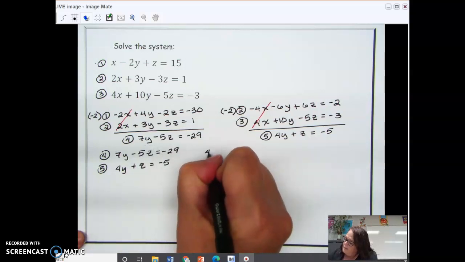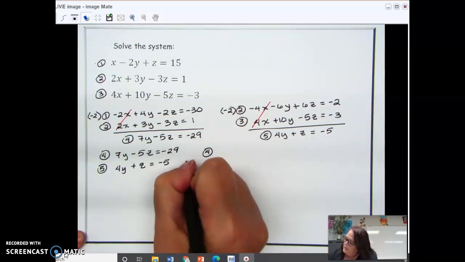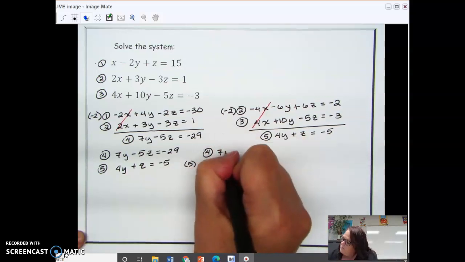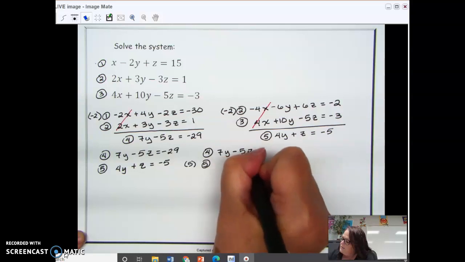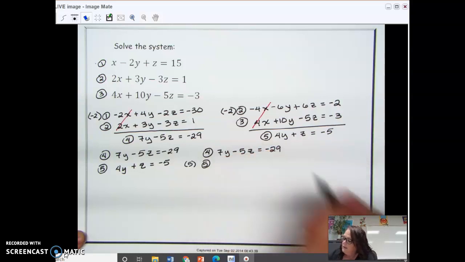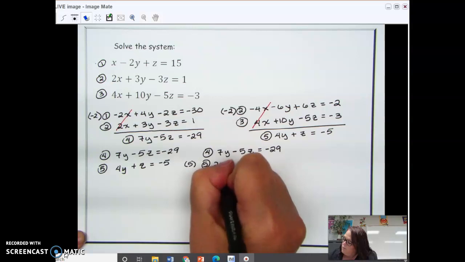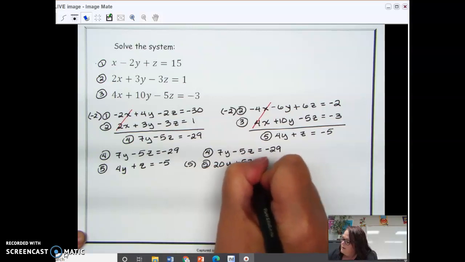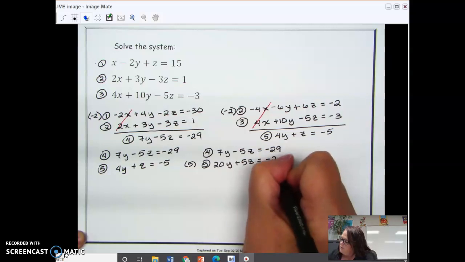So by doing that, I'm going to leave equation 4 alone, and then I'm going to do 5 times equation number 5. So that leaves me with 7y minus 5z equal to -29. And here we get 20y, plus 5z, and we get that it's equal to -25.